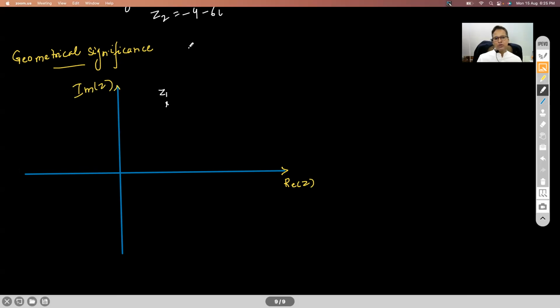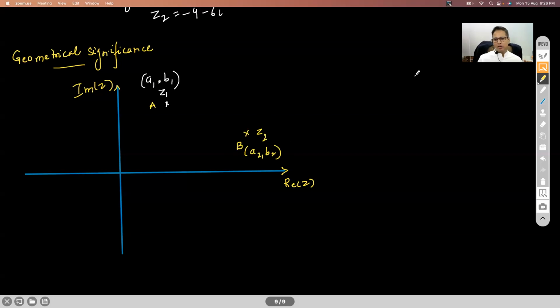You can take our example of A1 plus iB1. So this is like a coordinate or point (A1, B1), and let me name it as point A. There's another point, Z2, which is A2 plus iB2, and let me name it as point B.